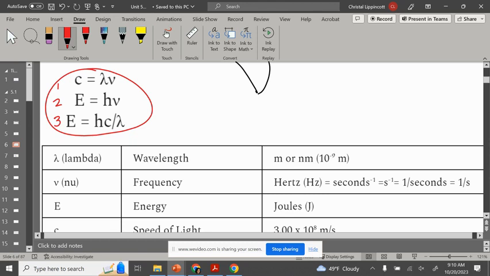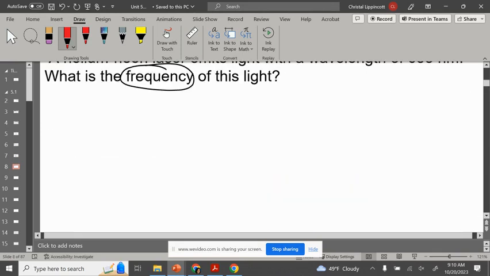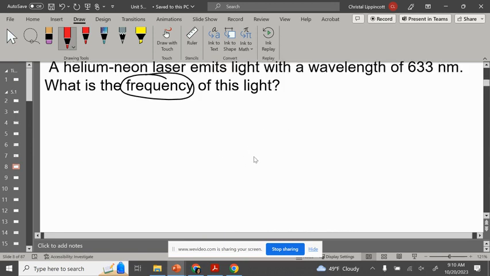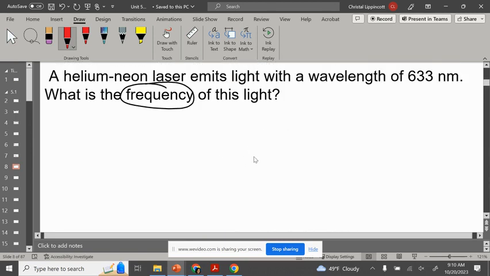Do we care anything about energy? No. So we can eliminate 1 and 2, and we are going to use equation 3 this time. That equation was C equals wavelength times frequency.